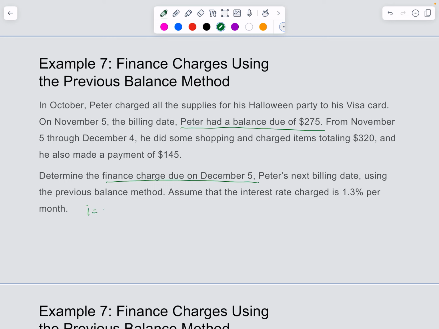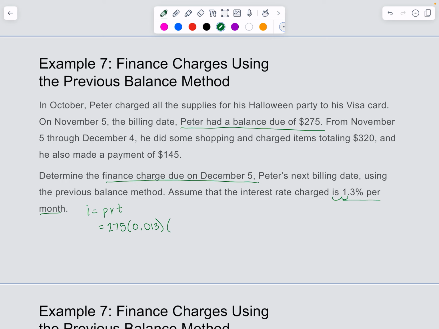I equals PRT, our principal being the $275. Our rate is 1.3 per month. So move our decimal twice: 1, 2. We have 0.013. And we are moving forward in 1 month.